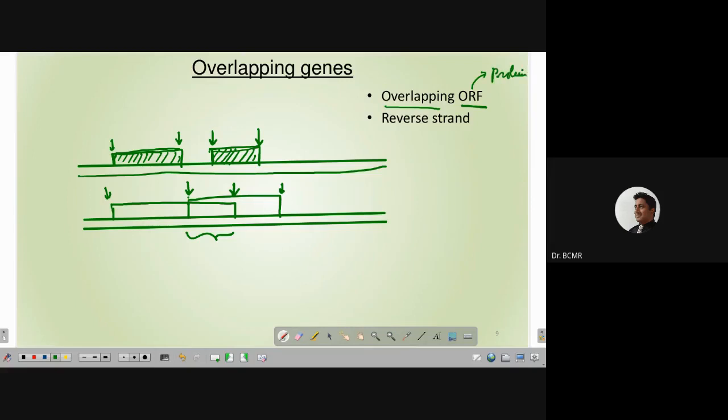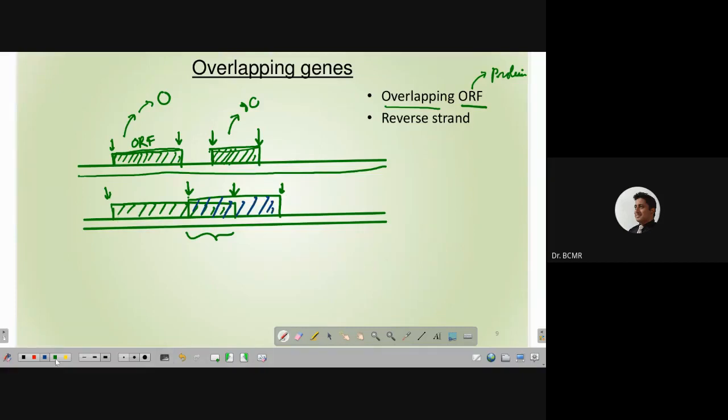That means this one is an ORF. If it is transcribed and translated, it will produce a protein. The same is the case with this one too. Here there are two open reading frames. One starts with this and the other one is somewhere here.